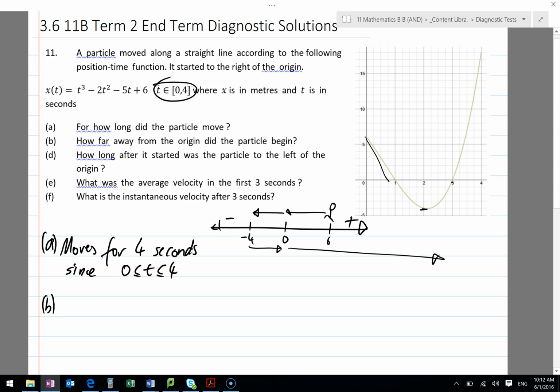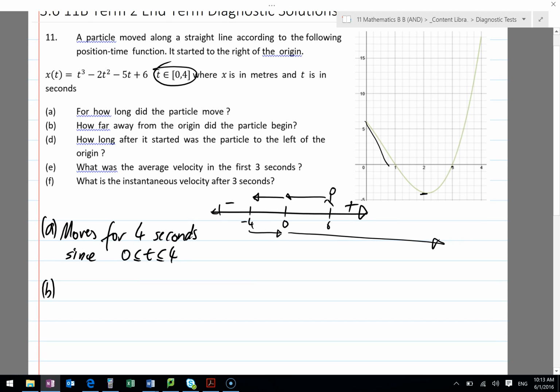Part B, how far away from the origin did the particle begin? Just looking at the graph, I can see that it starts at 6. So it started at 6 meters from the origin.